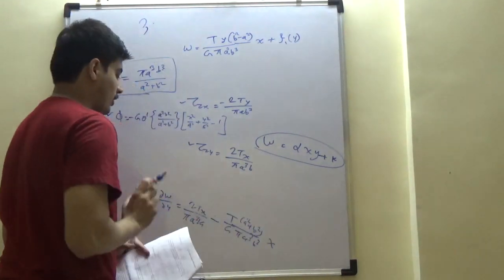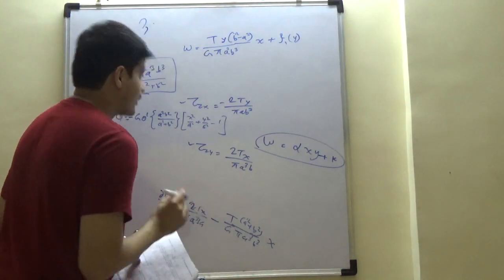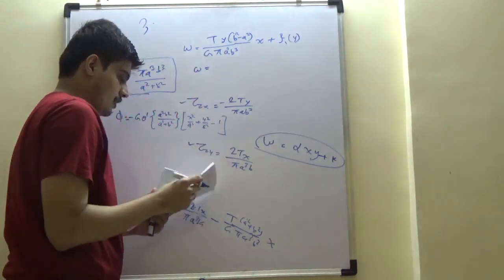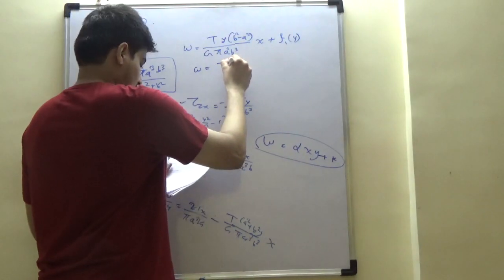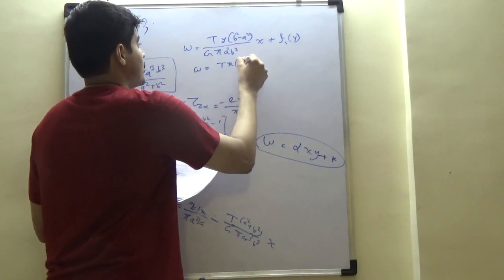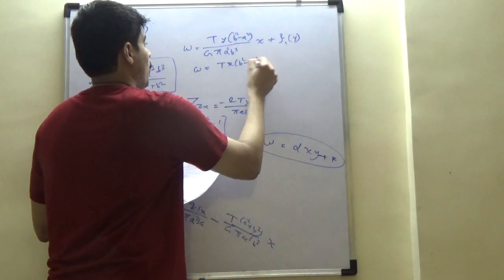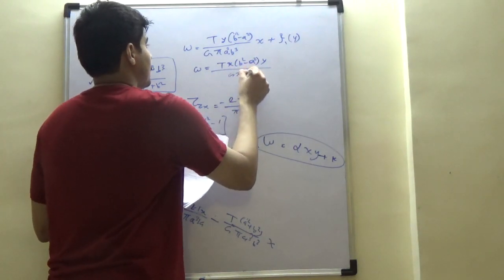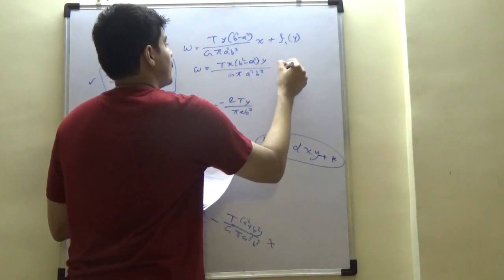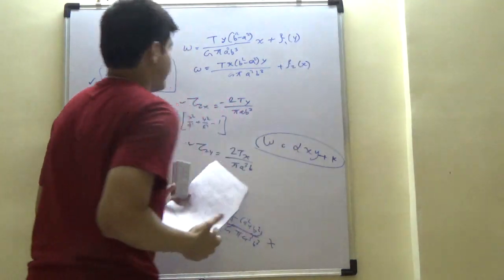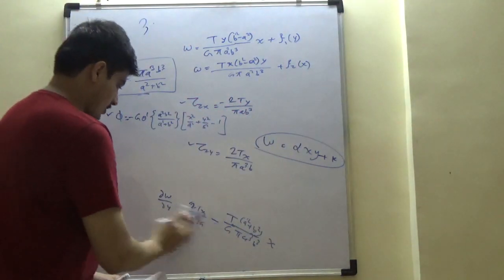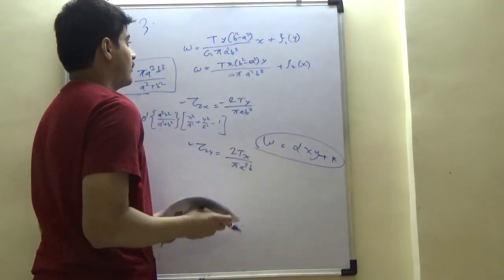Now we no longer need this equation. Here similarly, the second equation will give me t x b square minus a square y upon g pi a cube b cube plus f2 of x. So that this equation holds true, same thing has come out.